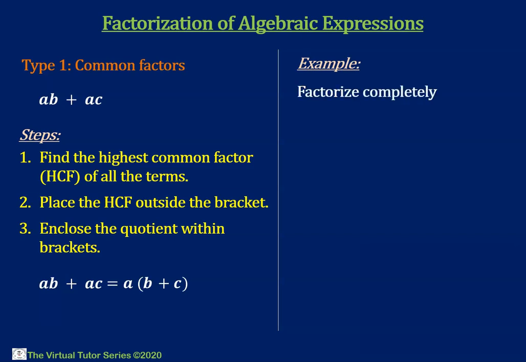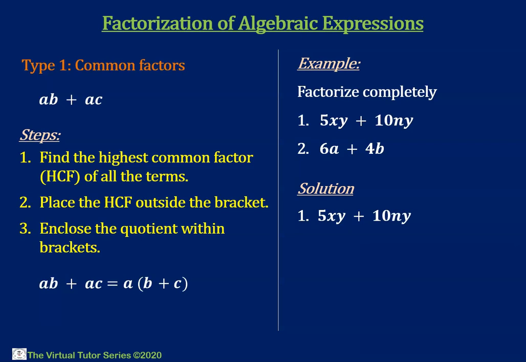Factorize completely. Solution. Example 1. 5xy plus 10ny. The first step is to find the HCF. The HCF of 5xy and 10ny is 5y.